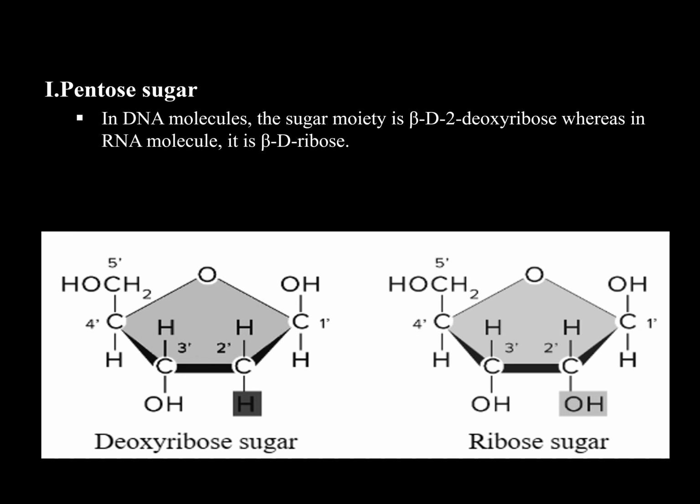The main difference is simple. Ribose has an OH group at the 2 carbon, but deoxyribose does not have that. Because of this difference, DNA is called deoxyribonucleic acid and RNA is called ribonucleic acid.